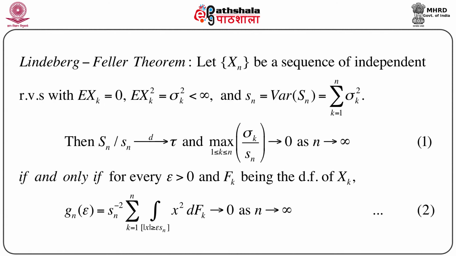So let us prove the Lindbergh-Feller theorem. Here also we assume that Xn is a sequence of independent random variables only, and we are not assuming that they are identically distributed. Along with independence, we assume that expectation of Xk equals 0, expectation of Xk square equals sigma k square less than infinity, and sn square equals variance of capital Sn, which equals summation k equals 1 to n of sigma k square.